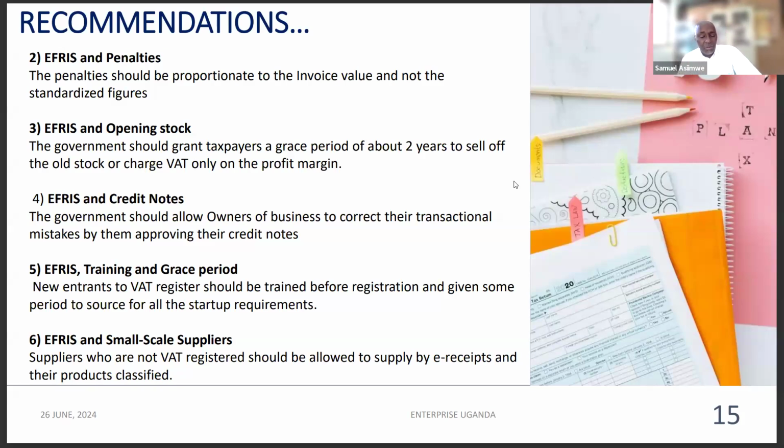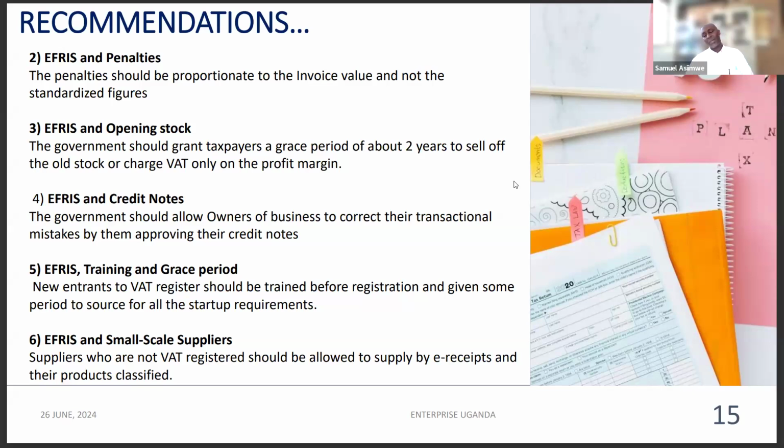because they can issue the e-receipts. An e-receipt does not charge VAT because you are not VAT registered. So when the small-scale suppliers, the low-income earners, are supplying their products to supermarkets, let the government allow them on the e-receipts ticket.